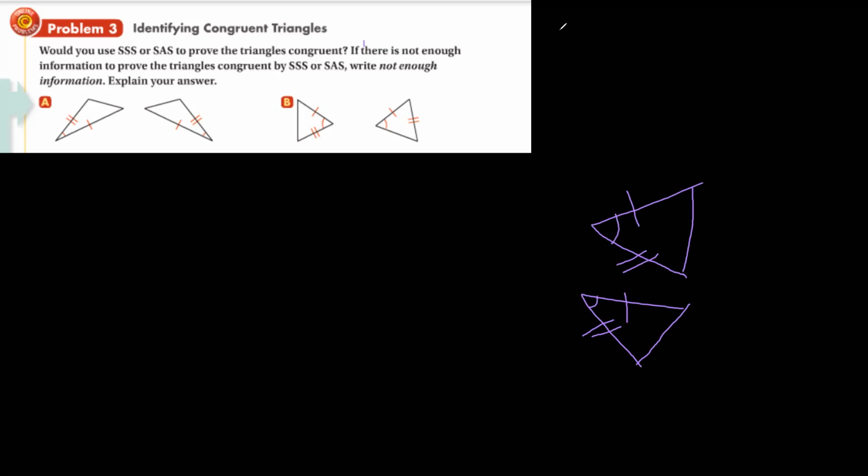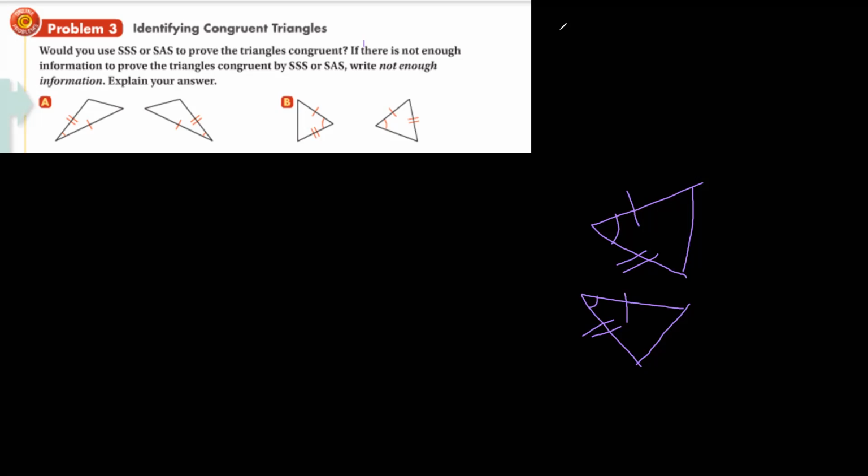So which postulate am I talking about here? Did I talk about SSS or SAS? SAS. Thank you. So I will use SAS. Why? Because I have two sides and an included angle to help me prove that these two triangles are congruent.